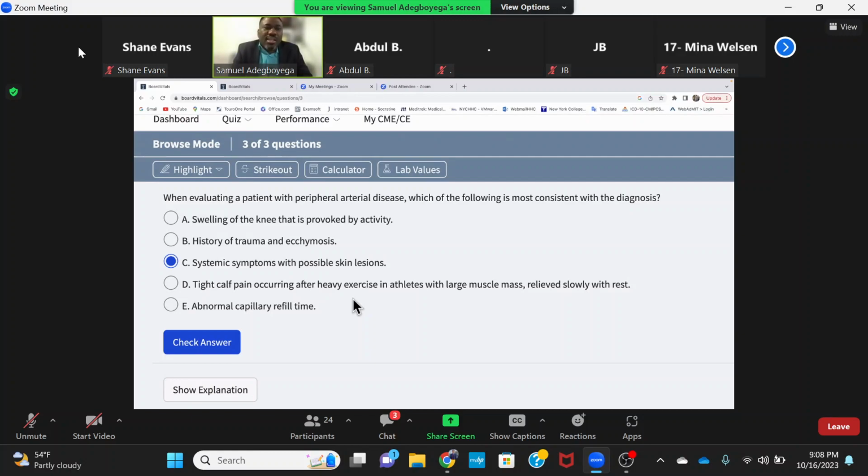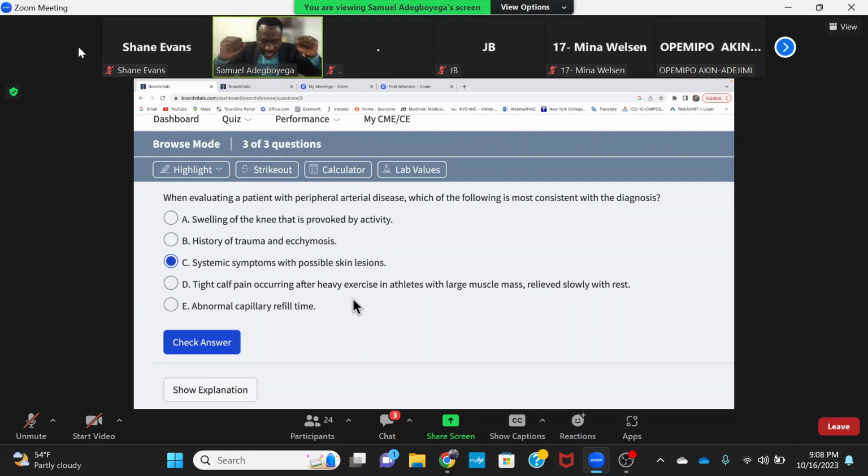Not really. When you have tight calf pain after every exercise, what could that be? What's the diagnosis for that? Number D, exertional compartment syndrome. Yes. Who said that?